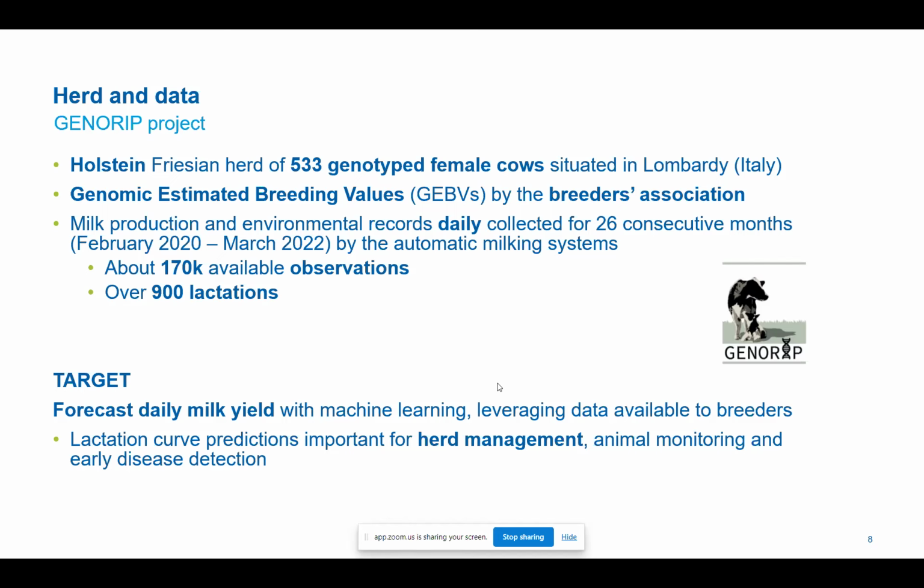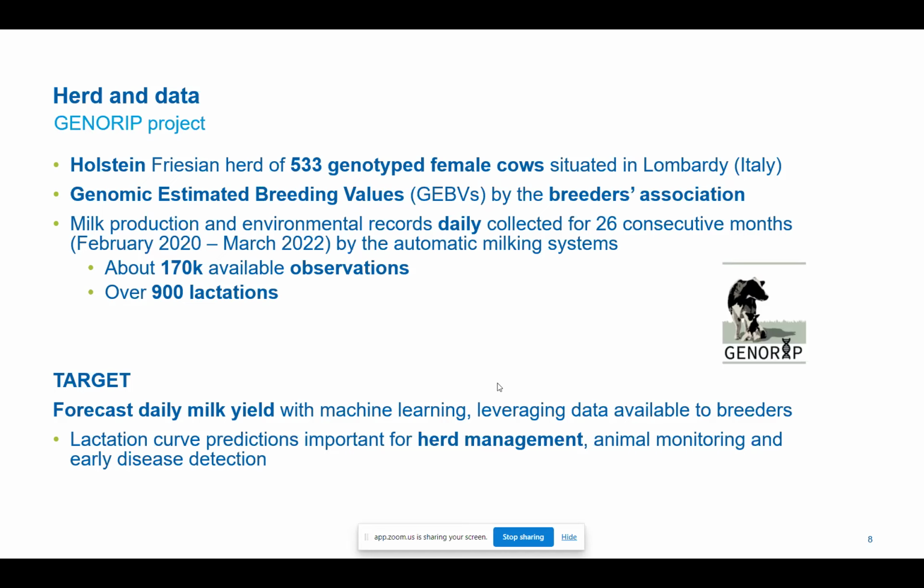And for the same cows, we didn't have just milk production and environmental records, but we also had genomic records. So these cows were genotyped, and we had the raw genotype available on the SNP chip, and also the genomic estimated breeding values given by the Breeders Association. So for these cows, we knew more or less everything.